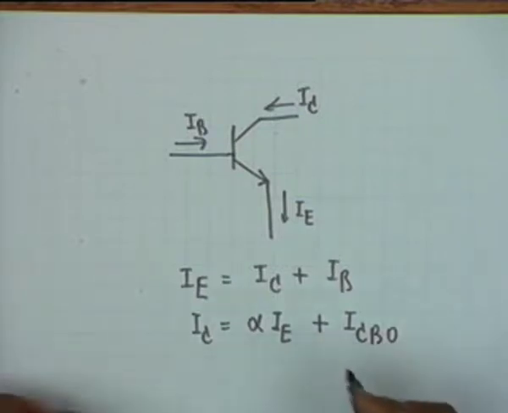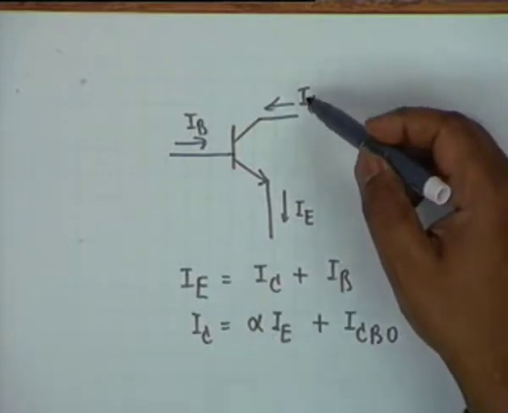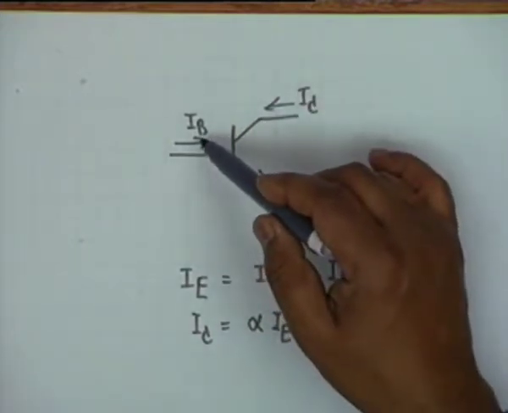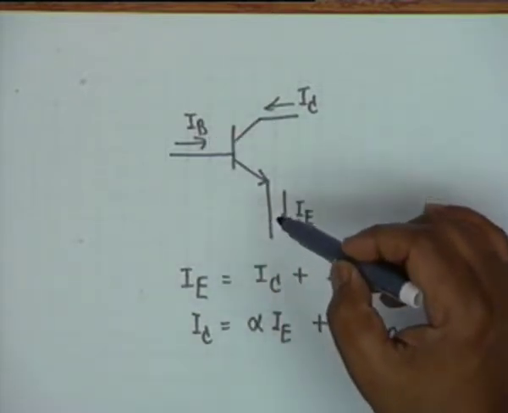These relations hold good under any connection of the transistor. What we are interested in is showing how I sub C, the output current, varies as a function of the input current I sub B, because this is a common emitter connection.